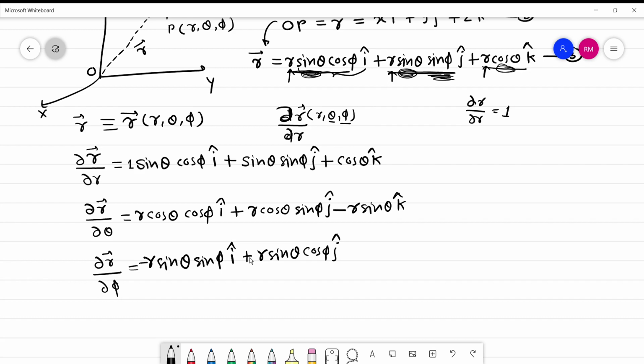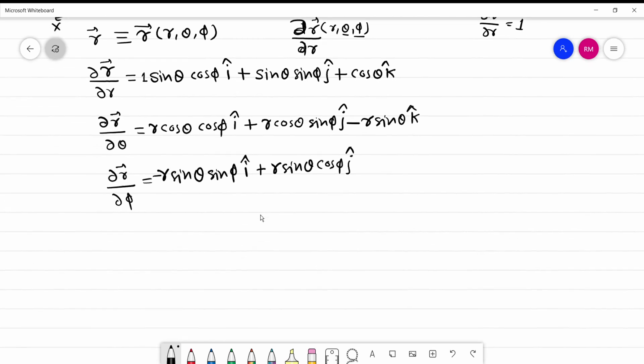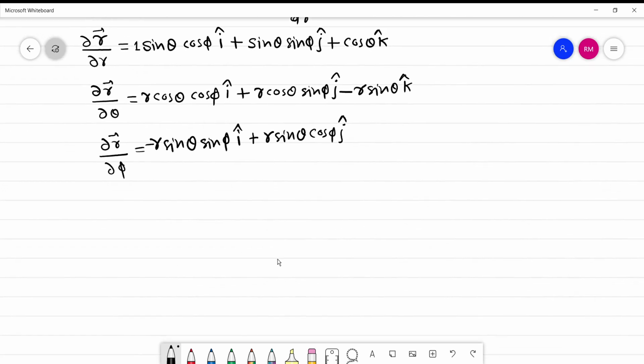Okay, so now we have obtained these partial derivatives. So next, I want to obtain the metric coefficient. Okay, so we are interested in obtaining the metric coefficient.